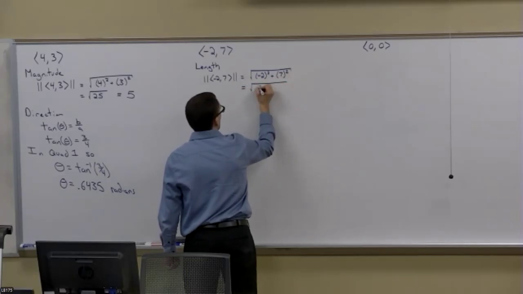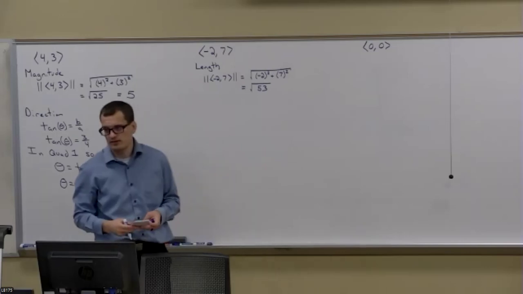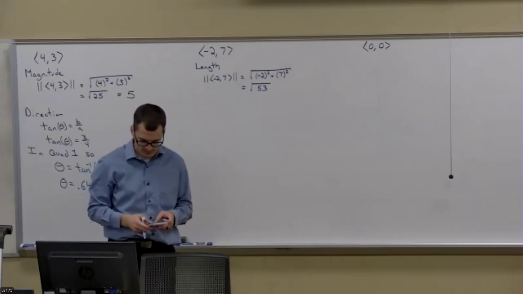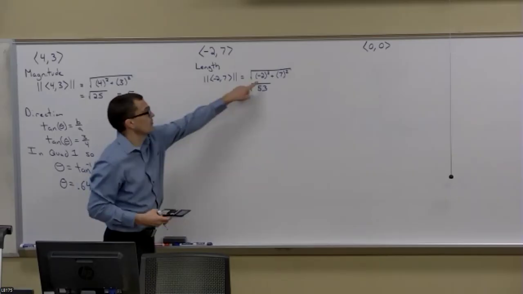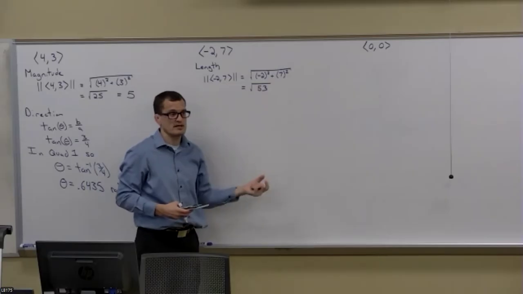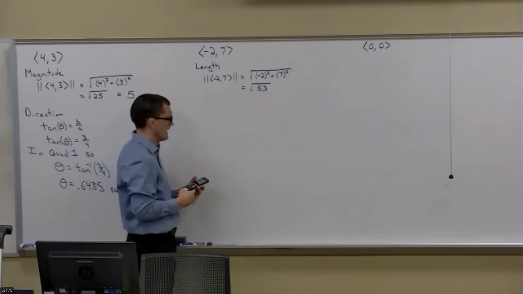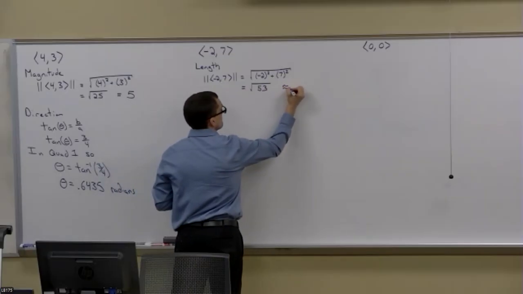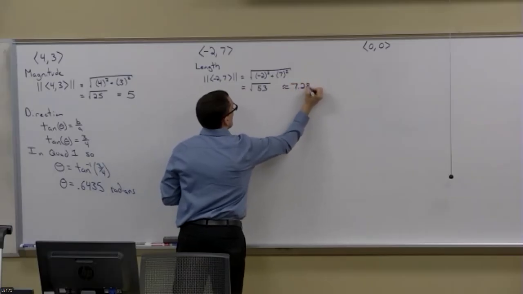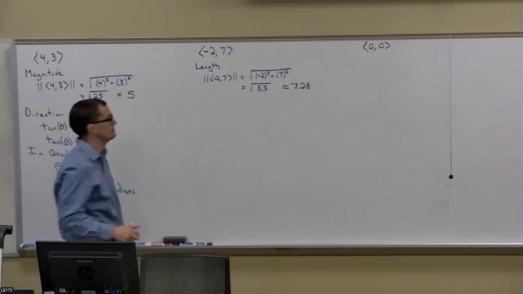That's the square root of 53, which is not a super nice number. It's fine. It's irrational. No big deal. I'm getting 53 from this being 4 and this being 49. Add them together, you get 53. So the square root of 53 is about 7.28. So the magnitude of that vector is 7.28.